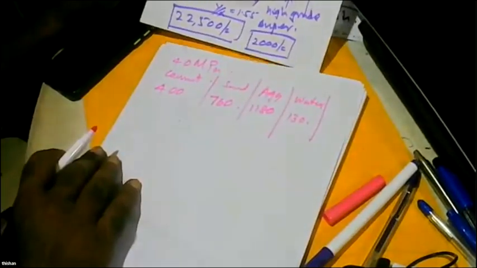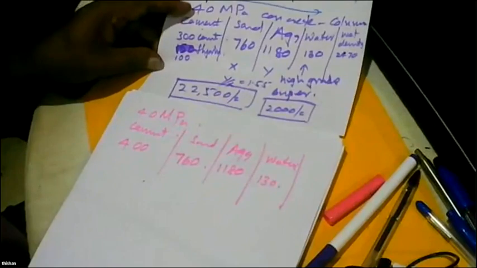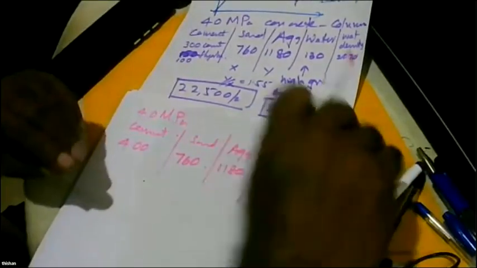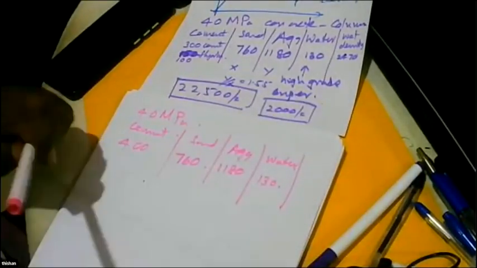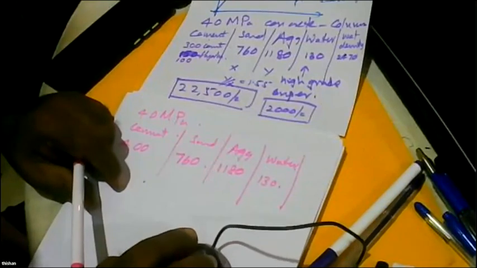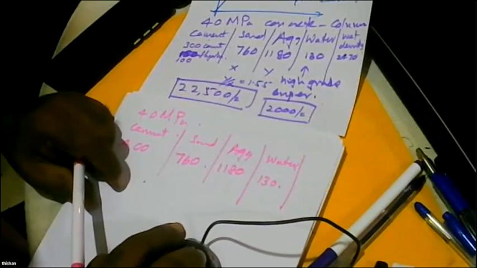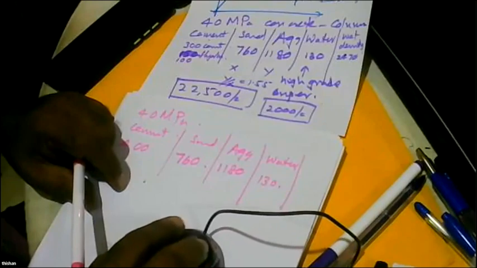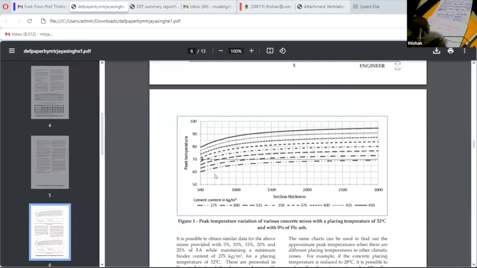Now, your question is, what is the difference between these two concretes? First difference. I'm going to share the screen. Look at this chart. You are having 400 cement.